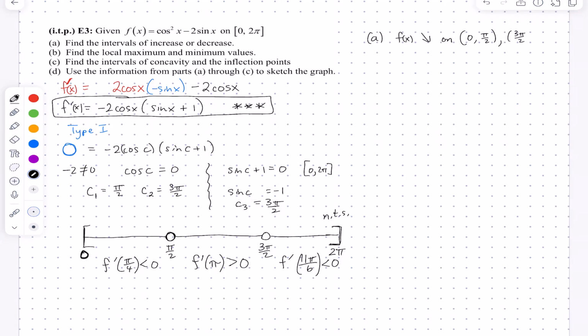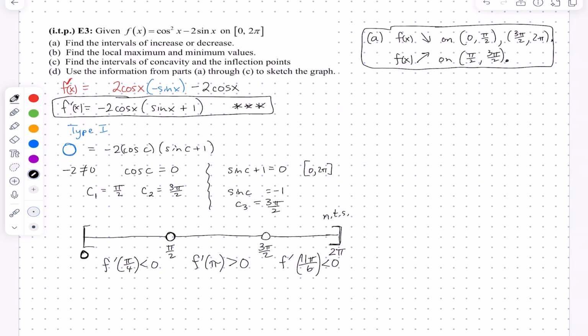There are your open intervals. And we know the function is increasing on another interval. And so we have answered part A using our number line diagram.